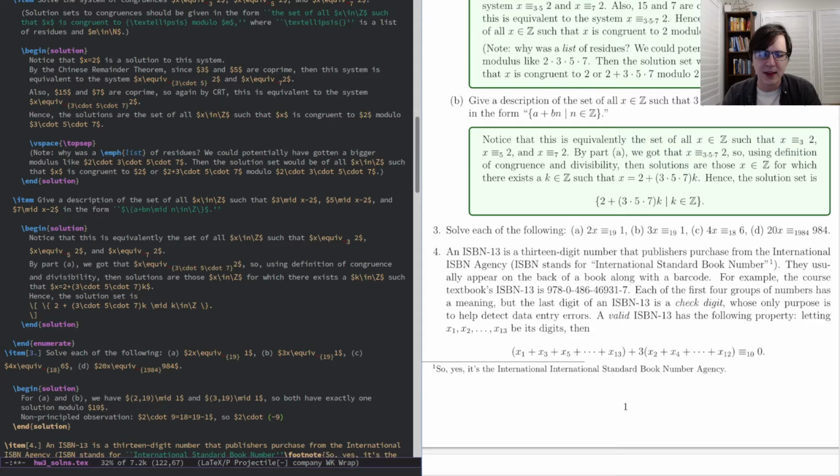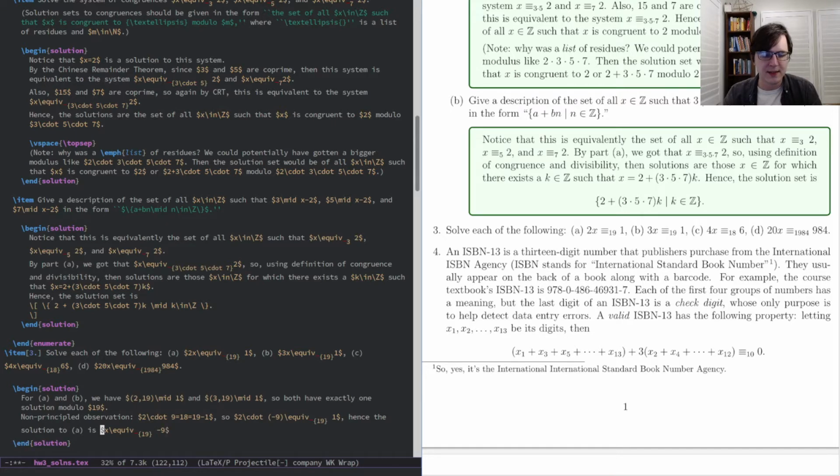So 2 times minus 9 is congruent mod 19 to 1. So the solution is x is congruent mod 19 to minus 9.